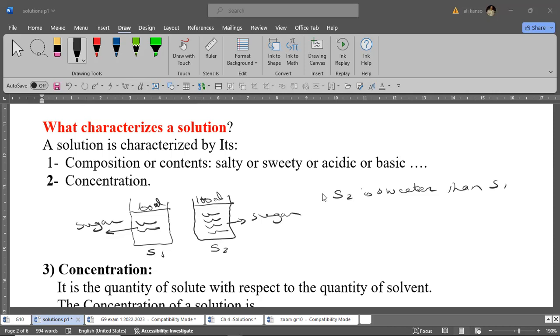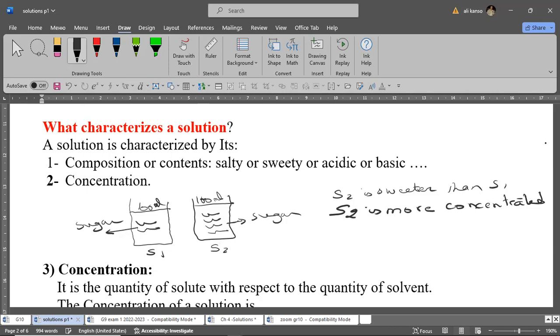Okay, here in these two beakers, the one that contains more solute is sweeter. So we can say solution 2 is more concentrated than solution 1. We replace the word sweeter with the words more concentrated.